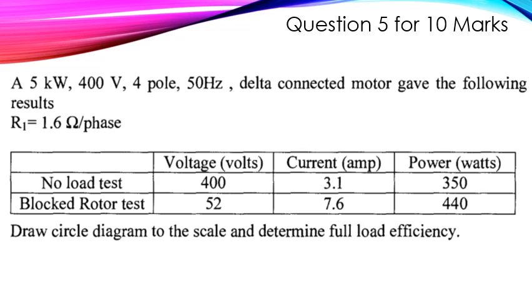The data by no load test is voltage 400 volts, current 3.1 and power is 350 watts. The data by block rotor test is voltage 52 volts, current 7.6 ampere and power is 440 watts. What we have to do here is draw a circle diagram to scale and determine the full load efficiency.